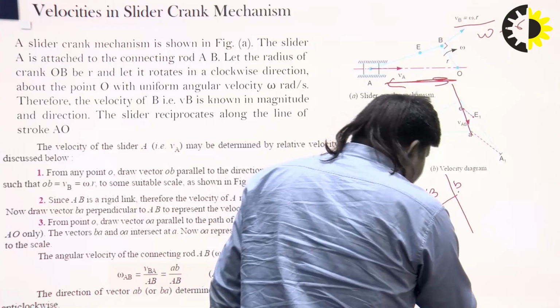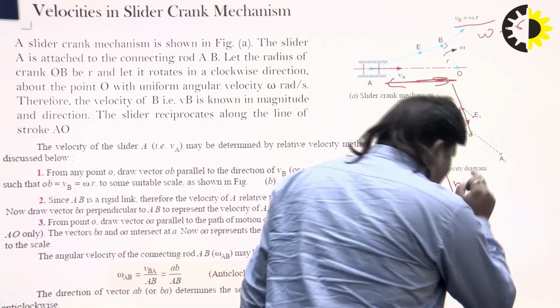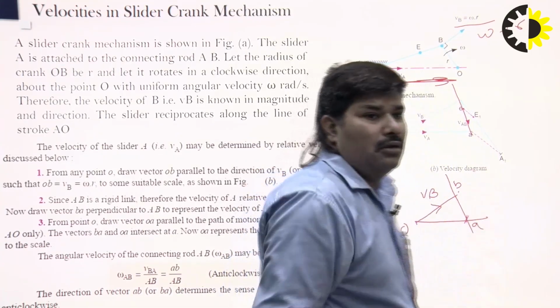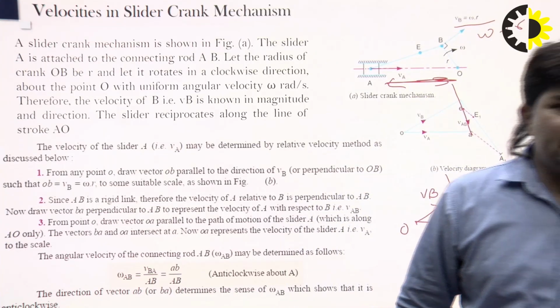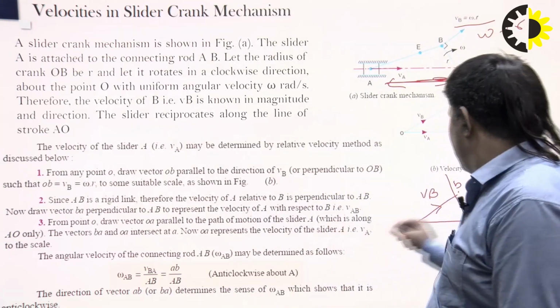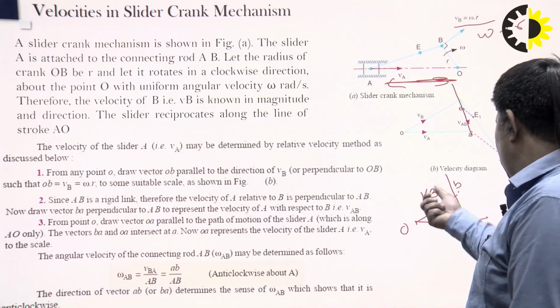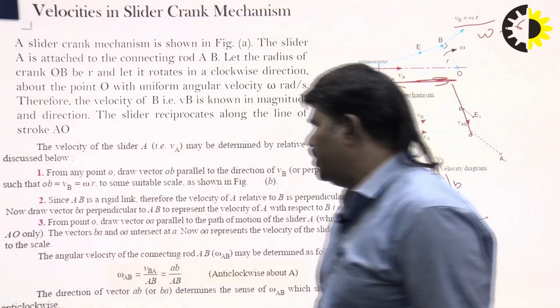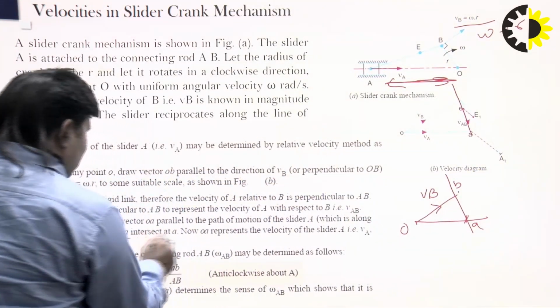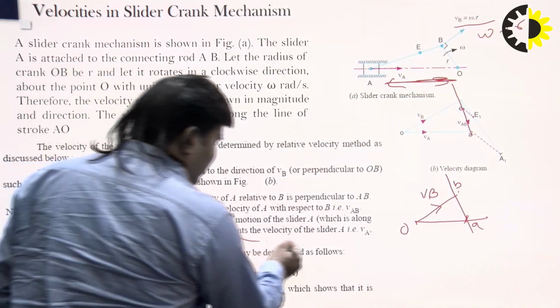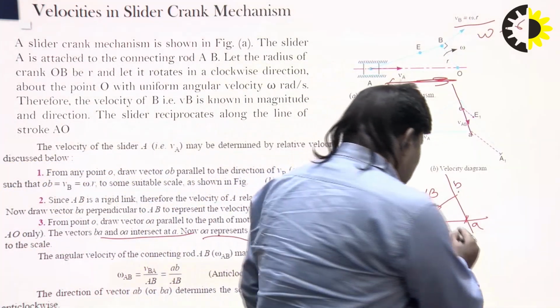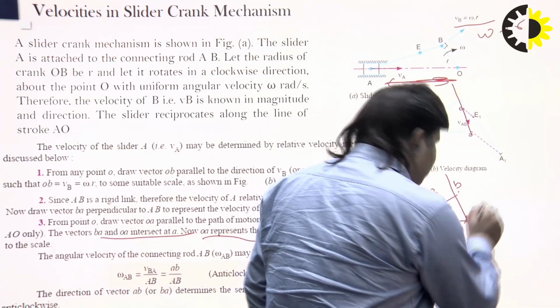If the slider moves along that, this line cuts at some point, and this point is known as A. So the vectors BA and OA intersect at point A, and now OA represents the velocity of slider A. So this is known as slider A.